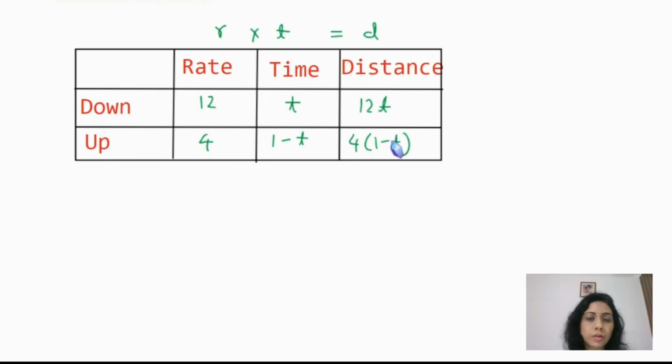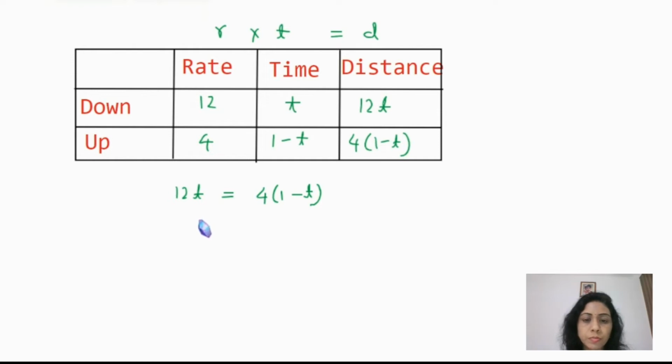Okay, now when we make the equation, both distances, downstream and upstream, are equal, right? So we can write like this: this is for downstream, and this is upstream. Right?